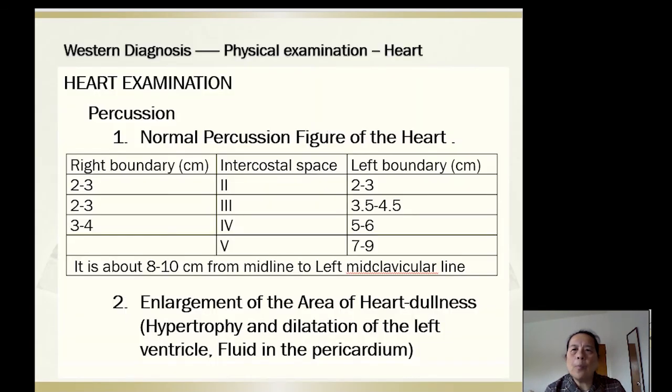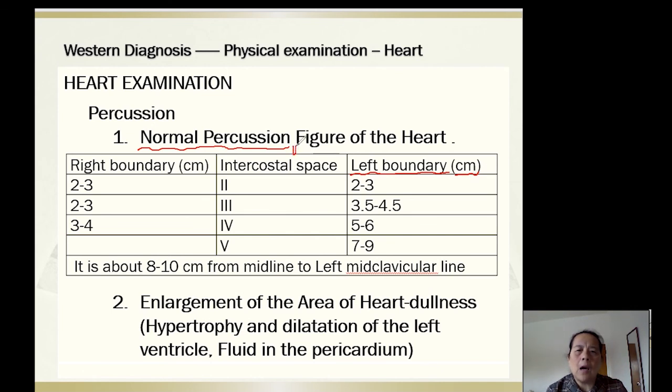So that's for percussion, the numbers coming from. We're talking about the normal percussion. Then we can find the left side borders, how many centimeters away from the middle line.